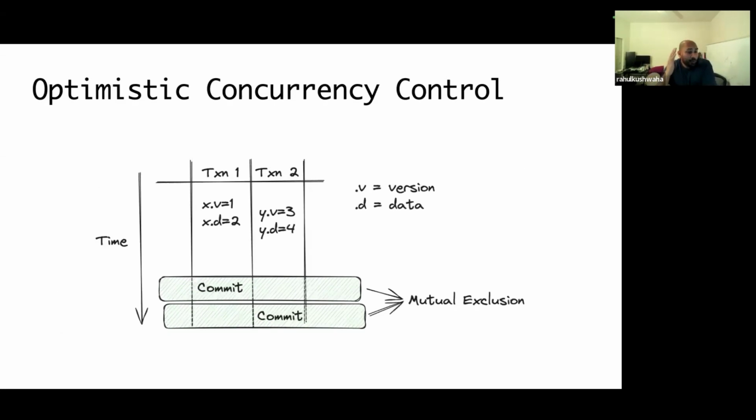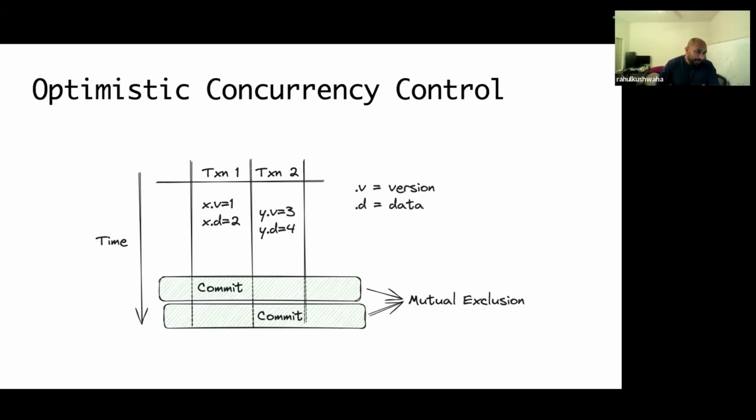So this is one example of optimistic concurrency control. Here, time is flowing from top to down, and we can see there are two transactions. I have taken two fields for each data item: .v means version and .d means data. So for example, X is a data item, X.v is X's version, and X.d is X's data. As we can see, both transactions are accessing different data items.